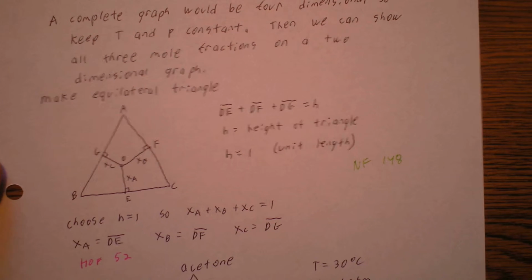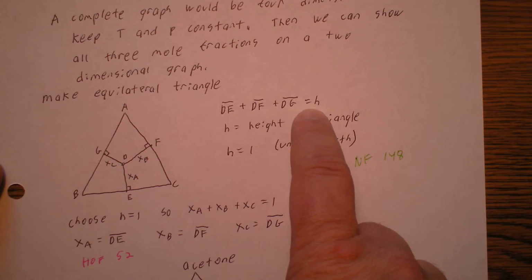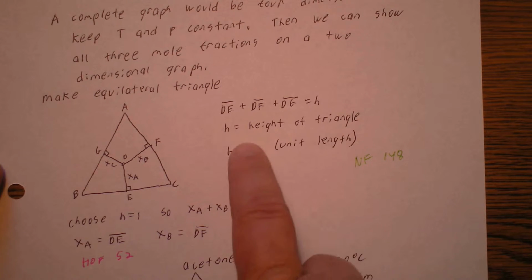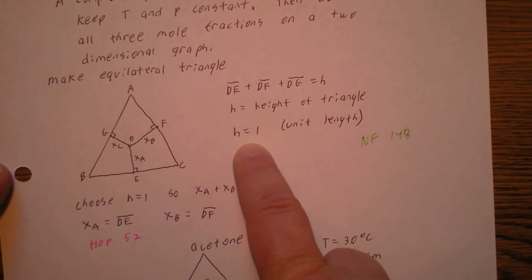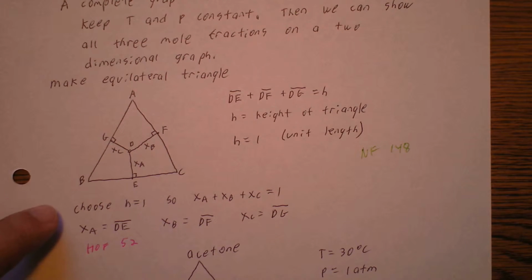The reason we do that, we set it so that DE plus DF plus DG is going to be the height H. That's a math formula. So if we set the length to 1, what I said is true of the mole fractions. If you don't set the overall size to 1, then it won't come out right.